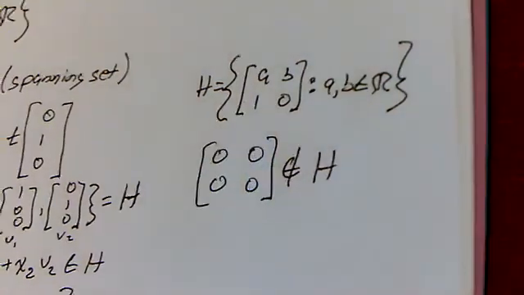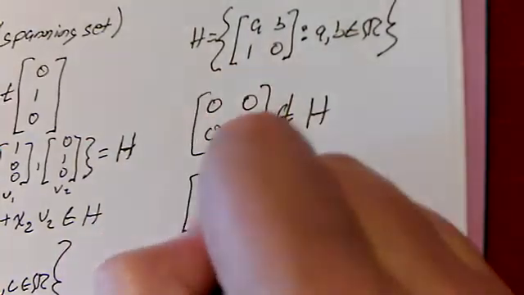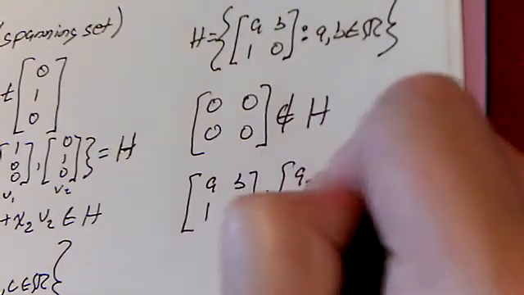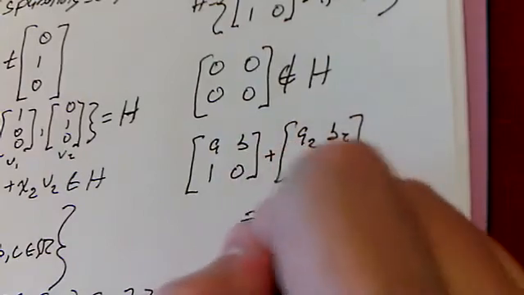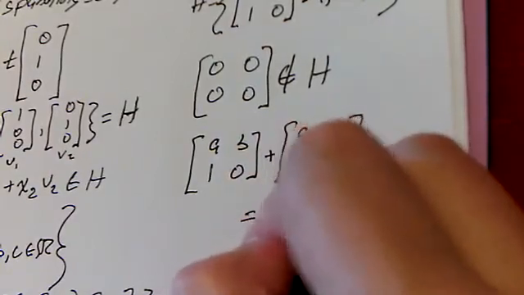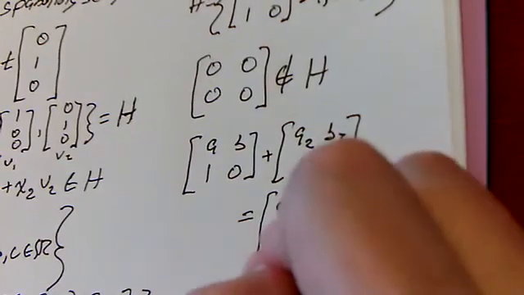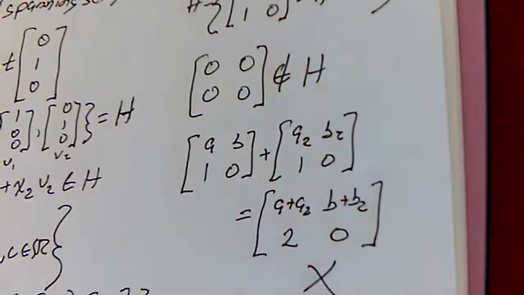You could also do it by checking addition. If I have A, B, 1, 0 plus A2, B2, 1, 0, because it's got to be 1 and 0 to be in H, and when I add those, I'm going to get A plus A2, that's fine. I'm going to get B plus B2, that's fine. But then 1 plus 1 is going to be 2, which is not in H. So that 0 vector kills it off a lot of the time.